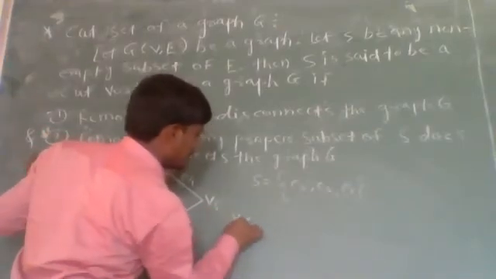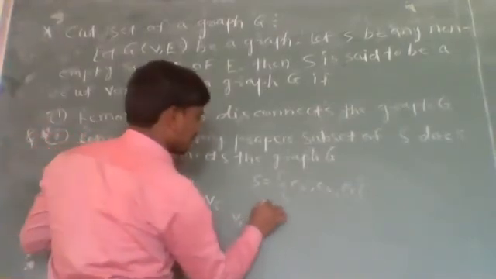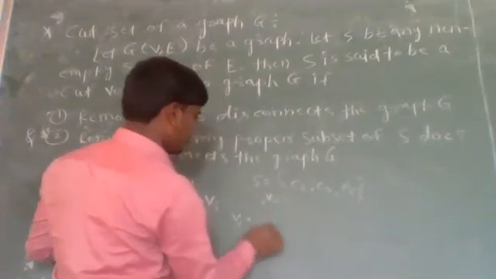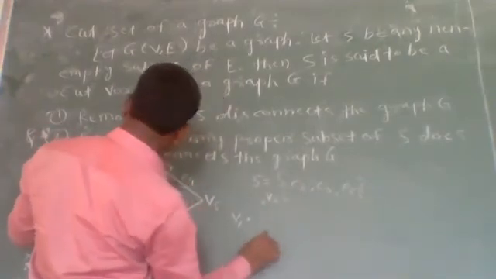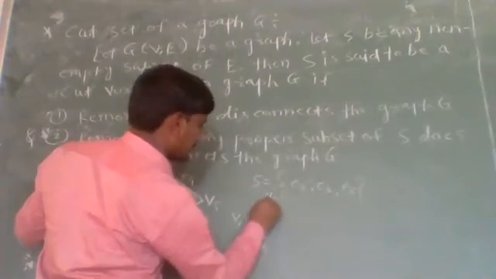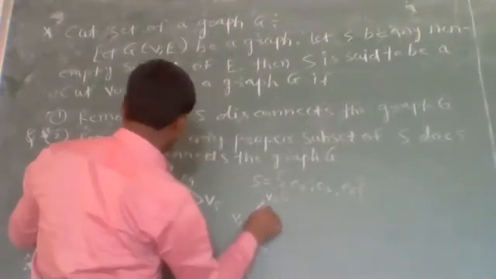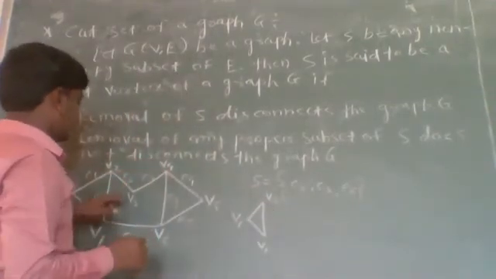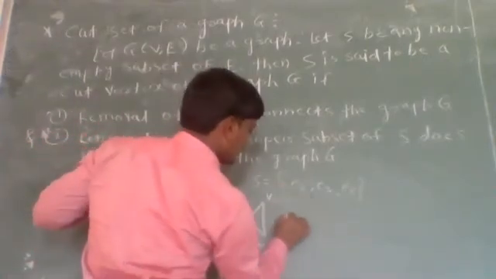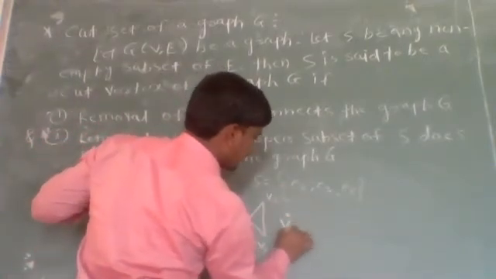vertex V1, vertex V2, and vertex V1, and we have to remove edges E2, E3 and E6. So here is vertex V3.